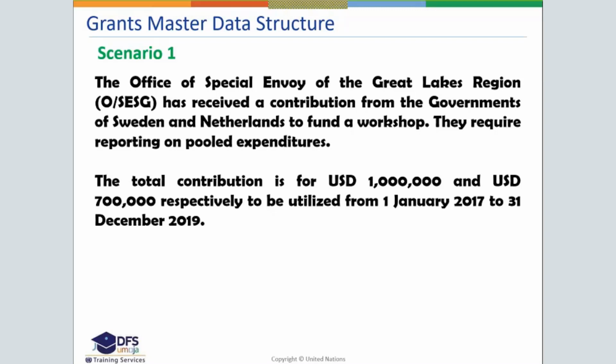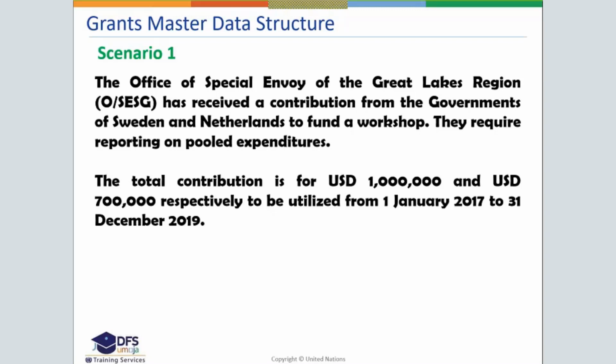So we have this scenario. The Office of the Special Envoy for the Great Lakes region has received a contribution from the governments of Sweden and the Netherlands to fund a workshop. Let's assume a workshop is a simple activity. They require reporting on pool expenditures.